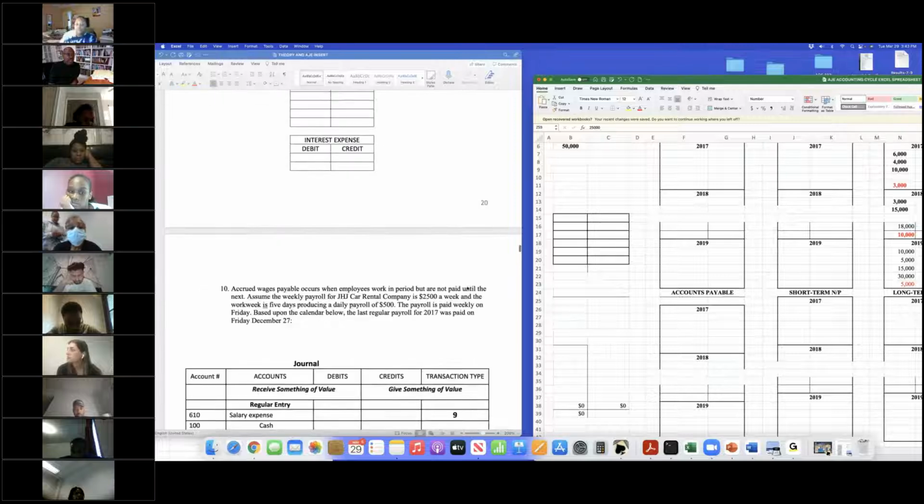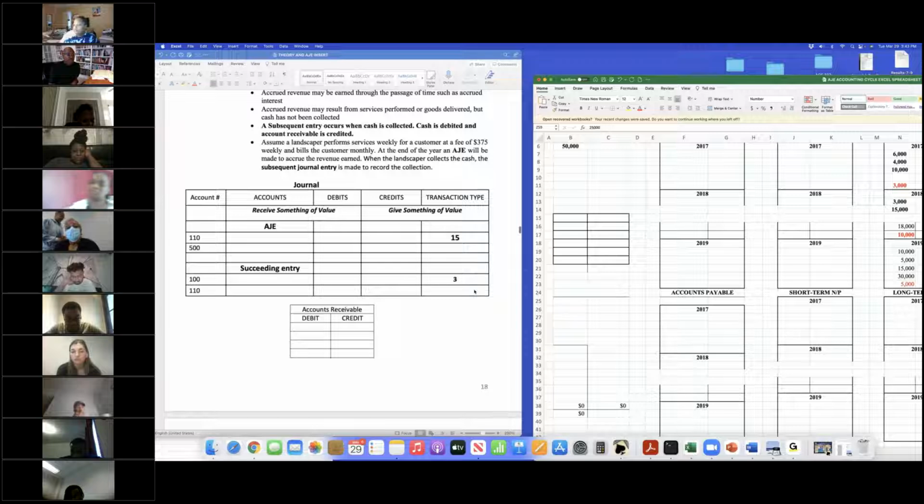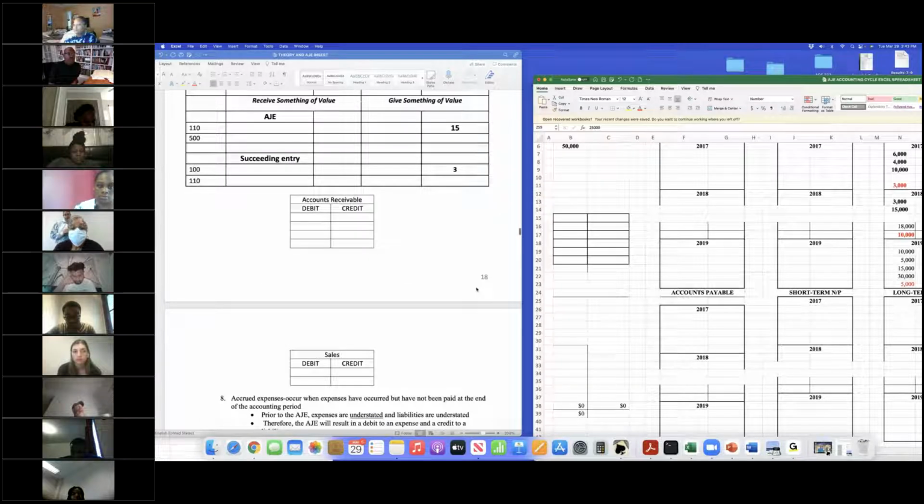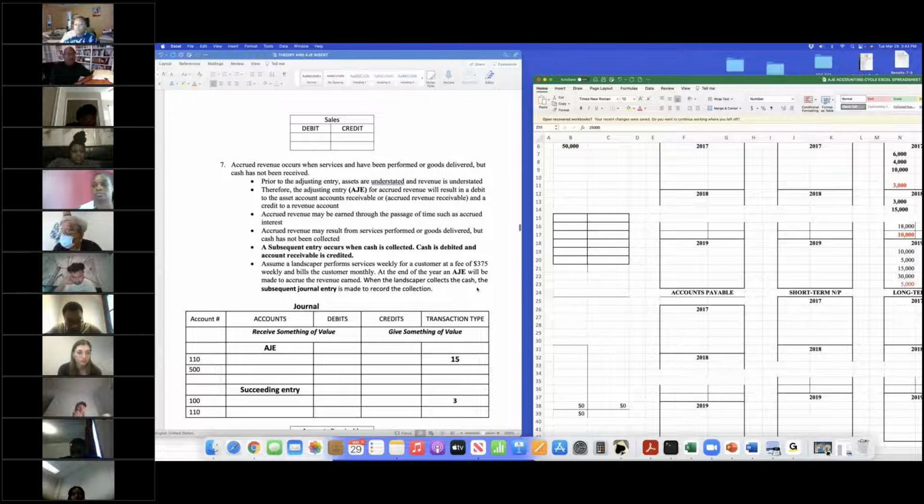Of course, we will review these. Accrued revenue occurs when services have been performed, or goods delivered, but the cash has not been received.